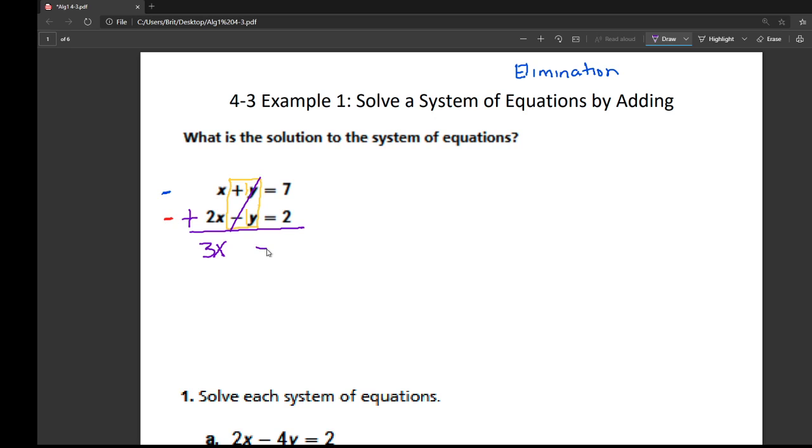That's what's happening there. And then here, 7 plus 2 is 9. So by adding those two equations together, I have gotten rid of the y variable, and now I have a single equation that just has one unknown variable. So I can divide by 3, and I can get that x is equal to 3.